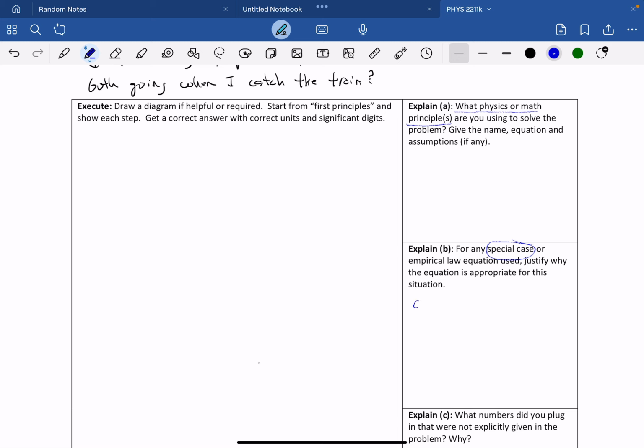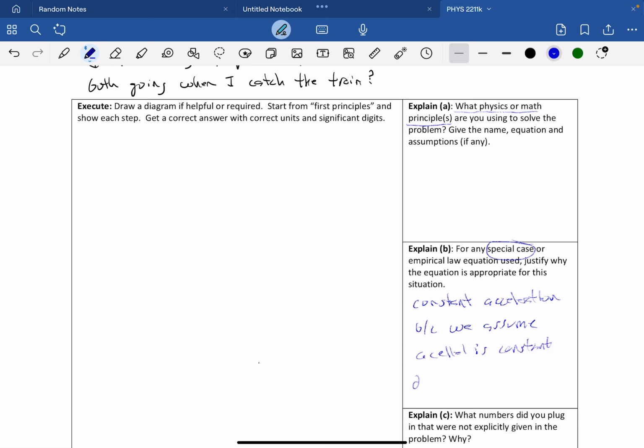So I'm going to say that we're going to use constant acceleration because we assume acceleration is constant.